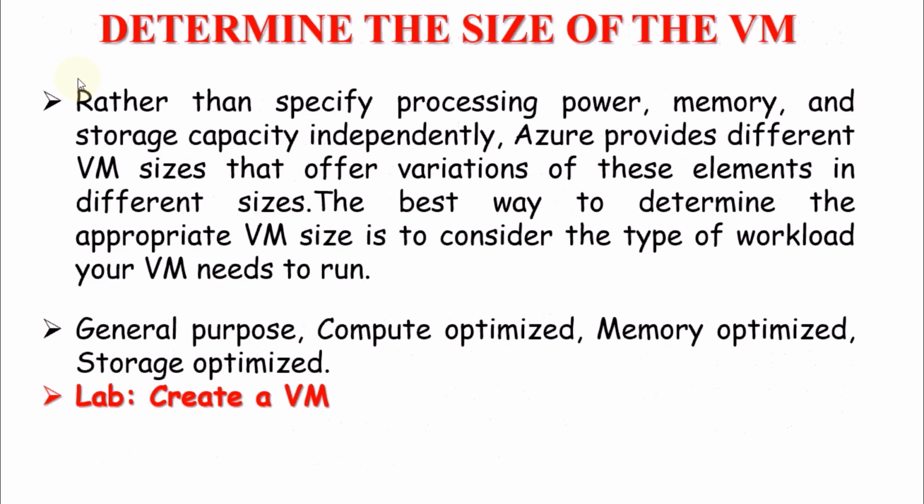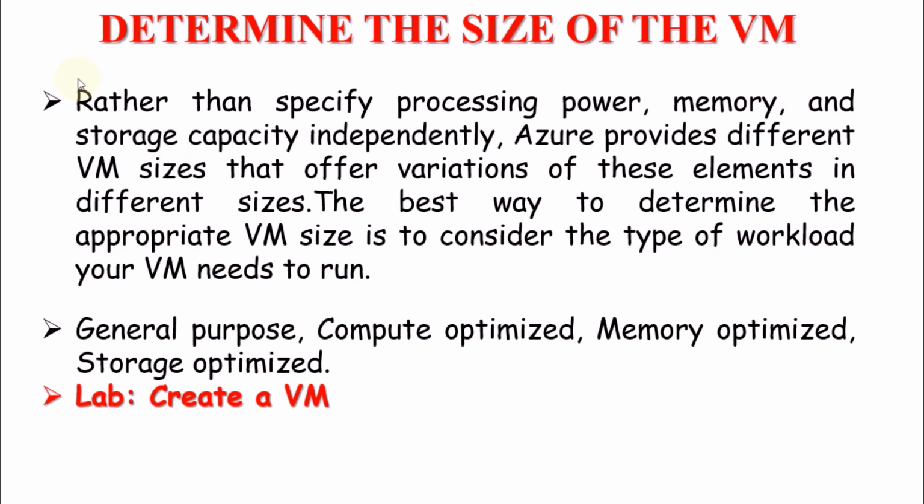Now, another decision you make in creating a VM is the size of the VM. When you go to the market to buy a computer system, you have to decide on the specification of your processing power, your memory, and your hard disks. So based on the workloads or what you want to use your computer for, you have to decide within these three options.